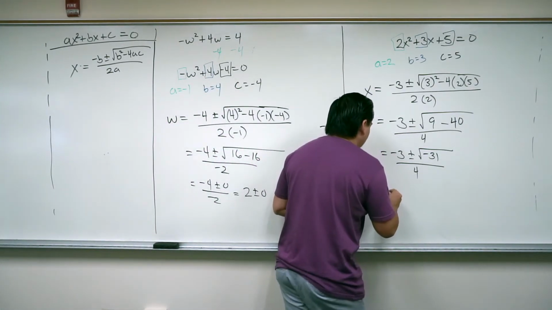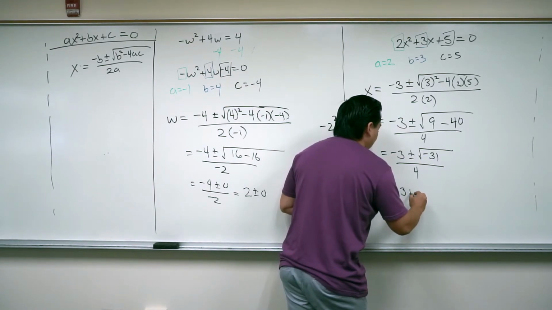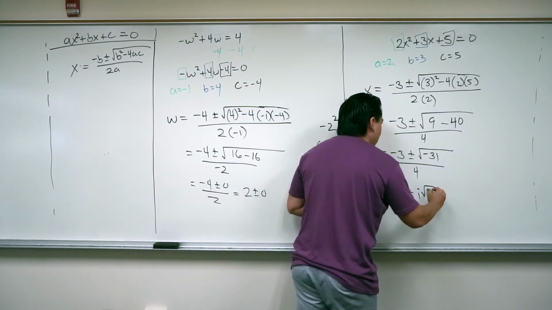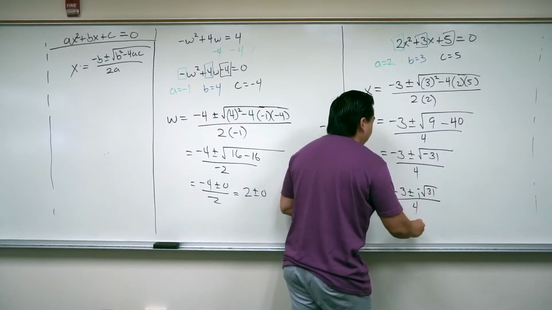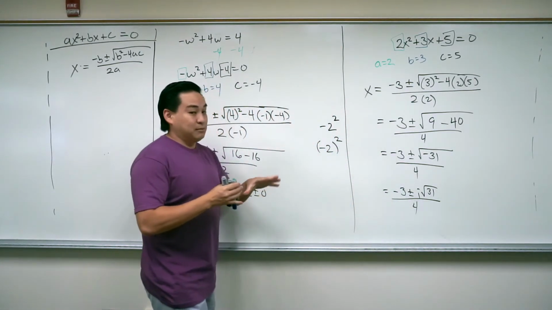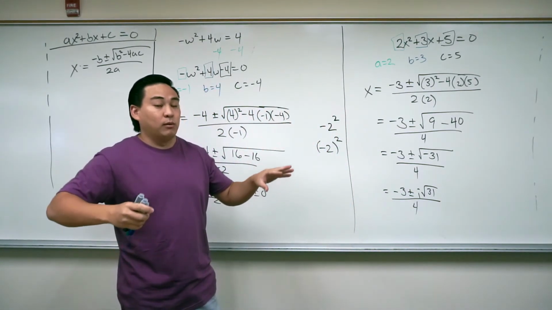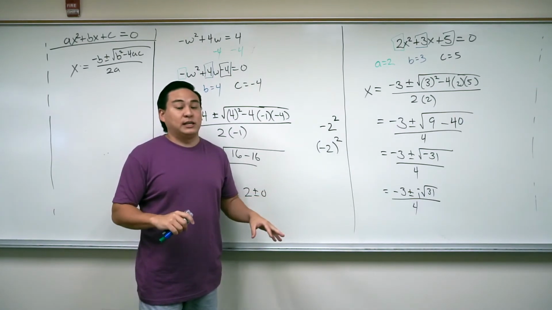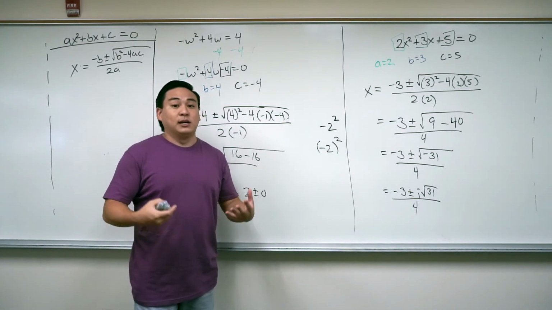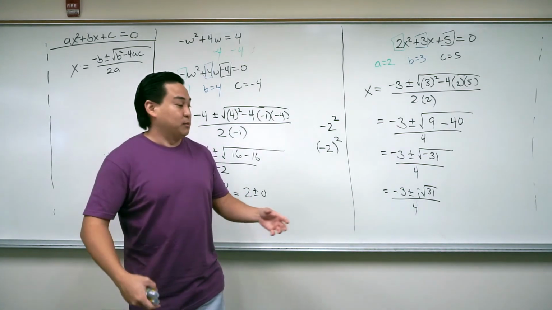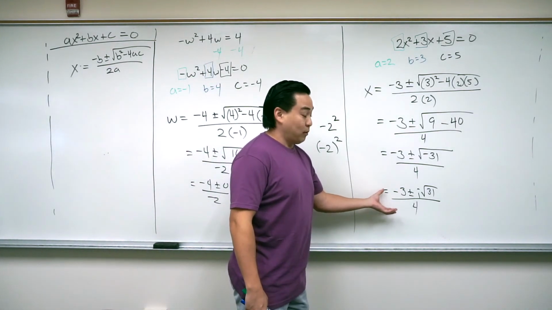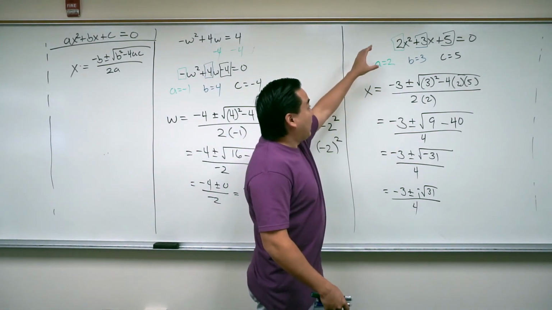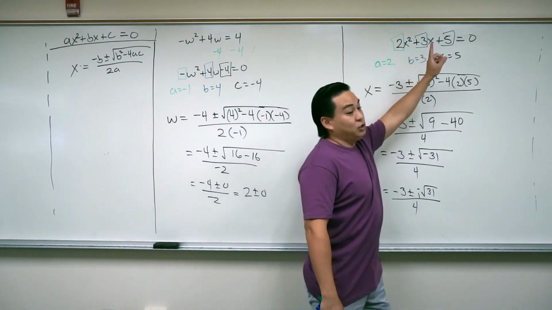So we can rewrite this as negative 3 plus or minus i square root of 31, all divided by 4. And similarly, it still says the same thing. Remember, we showed this when we first did the i values, right? If you plug it in, it gives you a true statement, or a solution. So if I plug this horrendous looking number back into this equation, you should get 0 out.